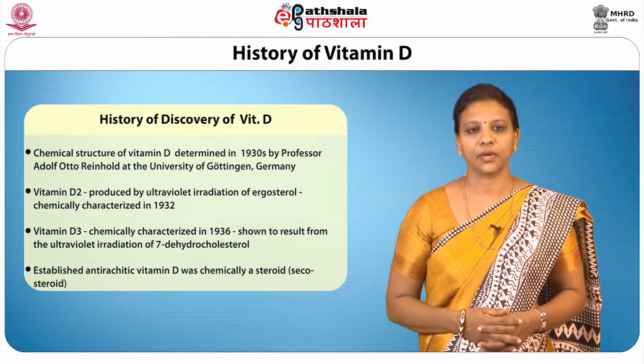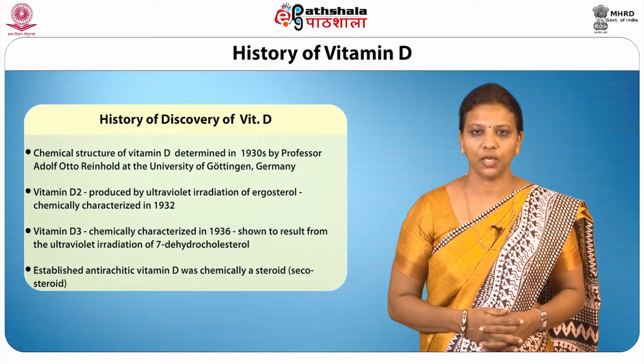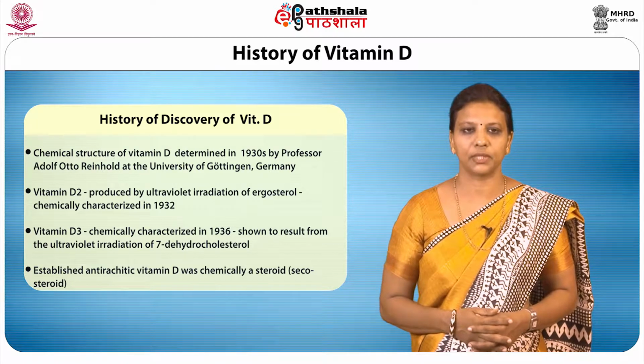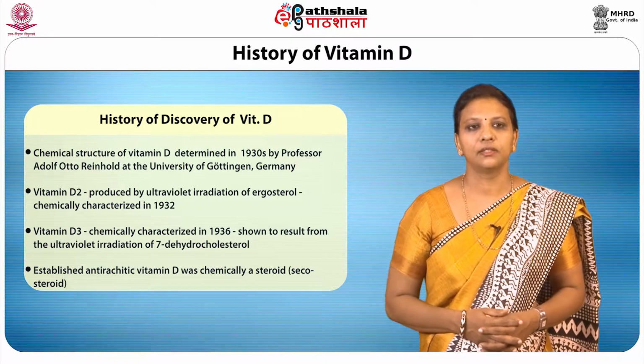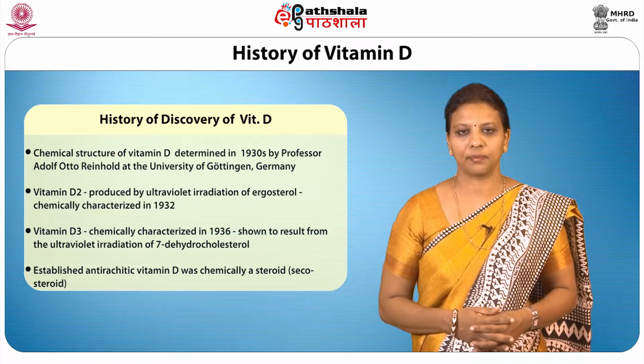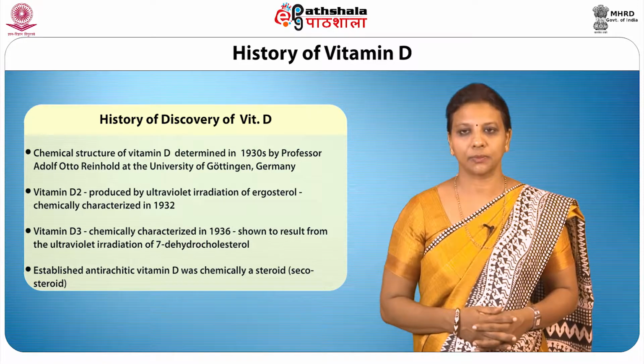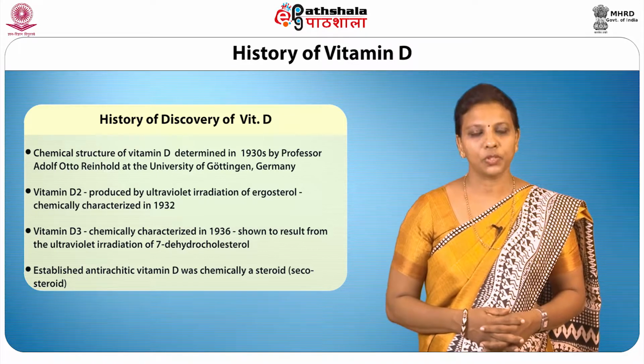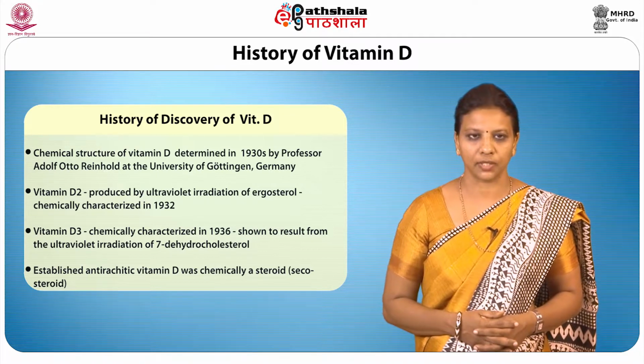Simultaneously, the anti-rachitic component of cod liver oil was shown to be identical to the newly characterized vitamin D3. These results clearly established that the anti-rachitic substance vitamin D was chemically a steroid, more specifically a corticosteroid.